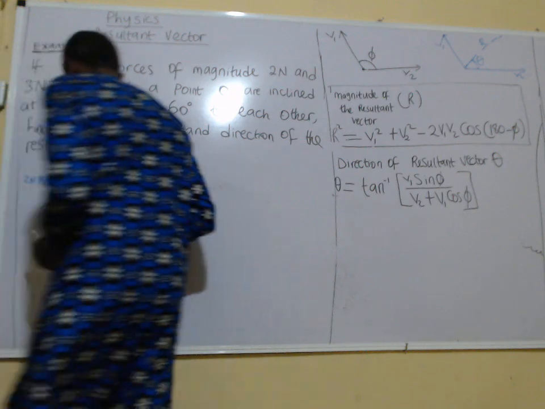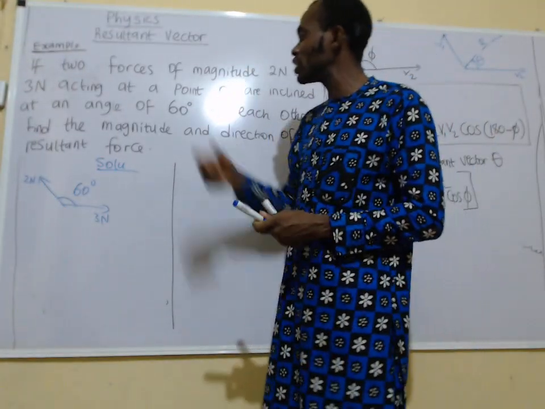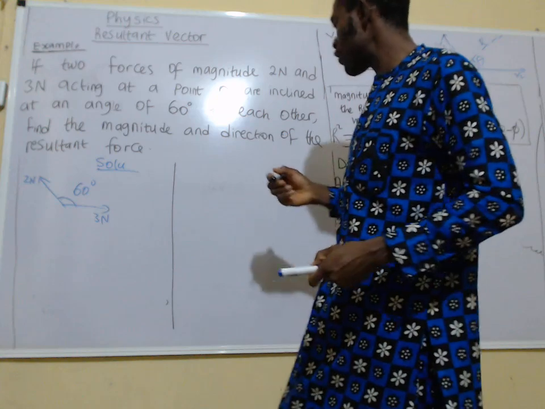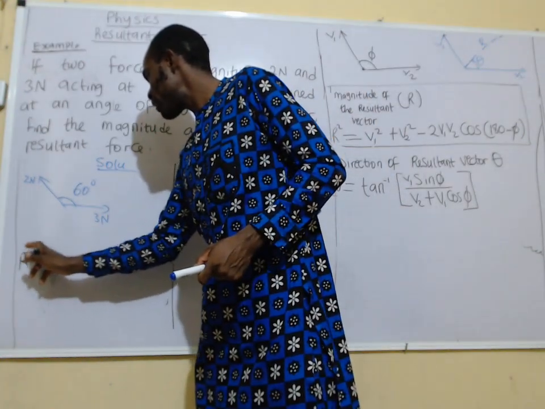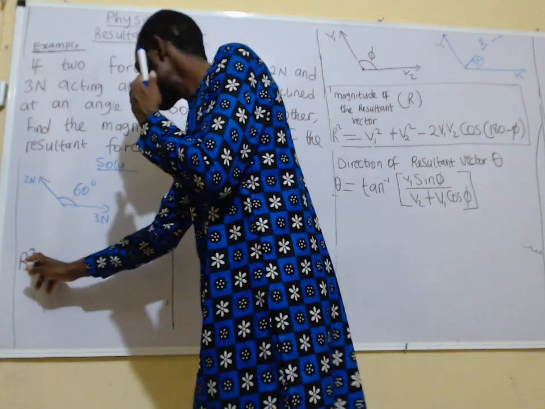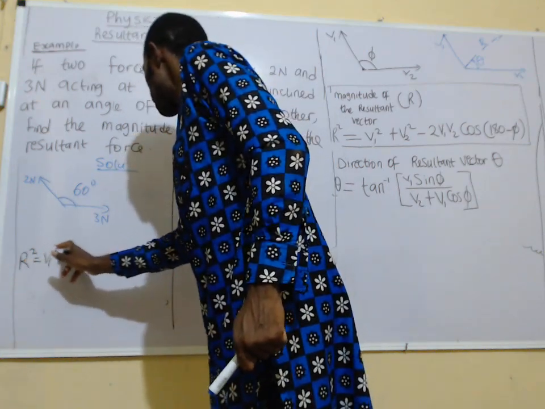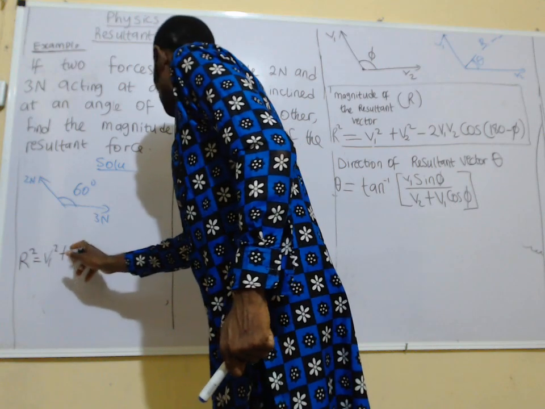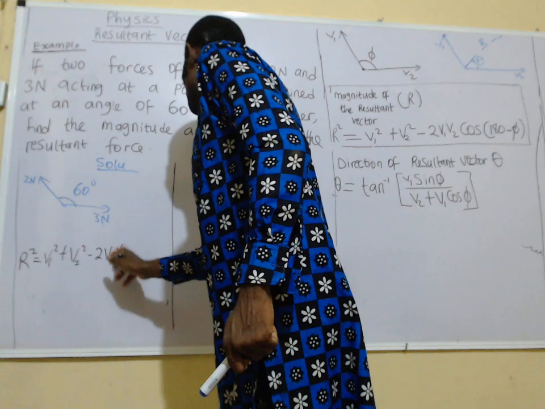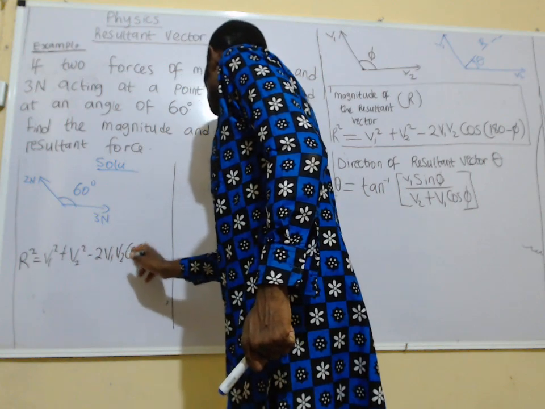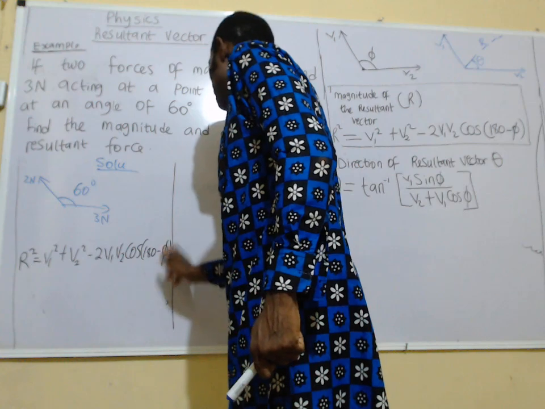Now in this case we have represented this question. You can just solve right away to get the magnitude, which is R square equals V1 square plus V2 square minus 2 V1 V2 cos (180 minus phi).